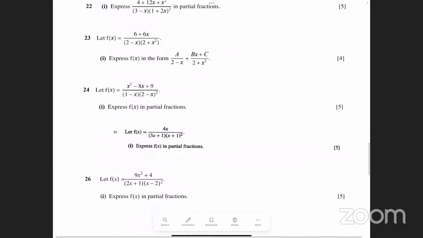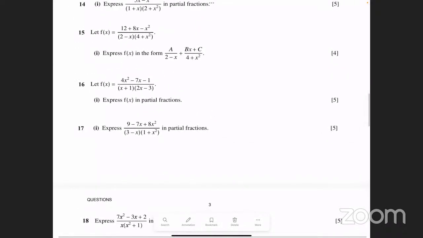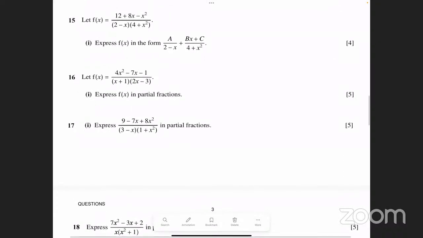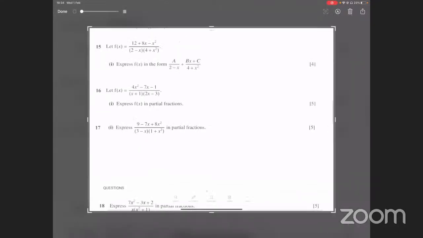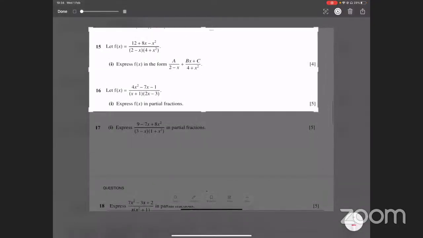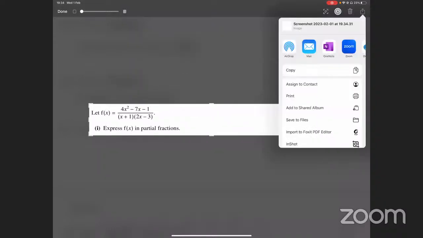So we'll do this in tomorrow's class. I need to end this a bit early today. Let me just copy this question and show how this is an improper fraction. And then we'll see how to deal with this in our next class, inshallah.